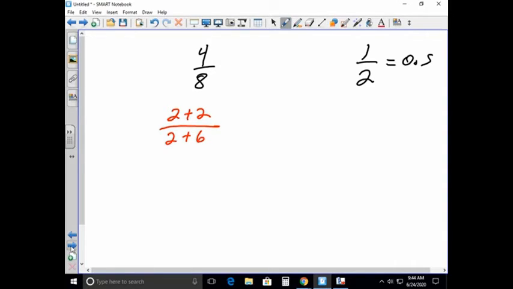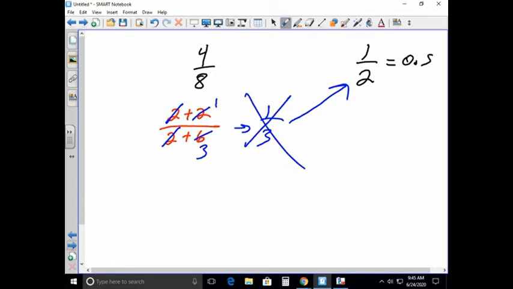What we could not do is cancel that 2 and that 2 because those are things that are added. Those are terms. They're not factors at this point, they're terms. Likewise, we could not cancel that 2 with that 6 because that's a term. If we did that, we would be left with a 1 on top, a 3 on bottom. Well, 1/3 and 1/2 are not the same thing.